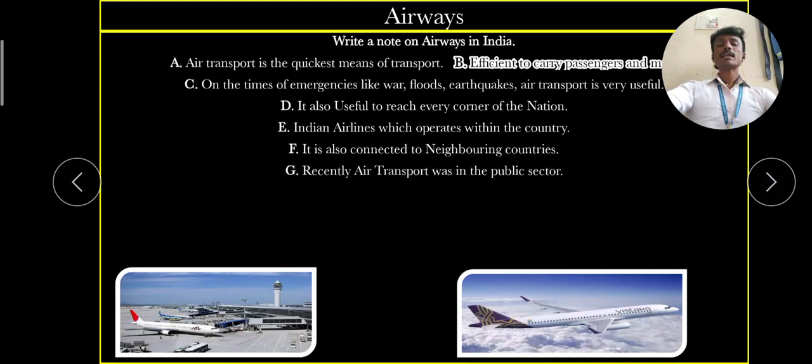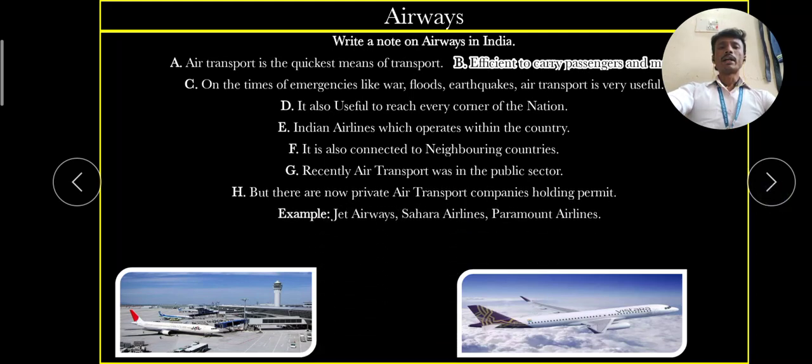And recently air transport was in the public sector. Public sector is nothing but that which is held and controlled by the government. But there are now private air transport companies holding permits, because this is the 21st century and there is the toughest competition.